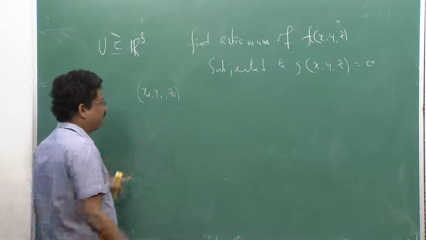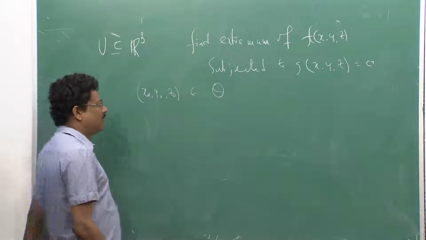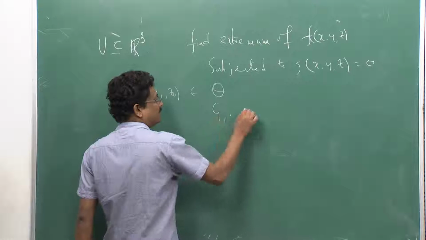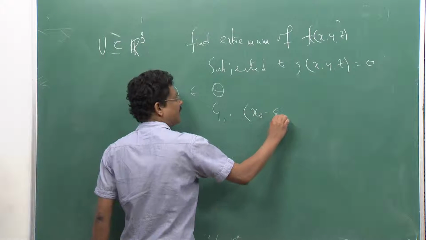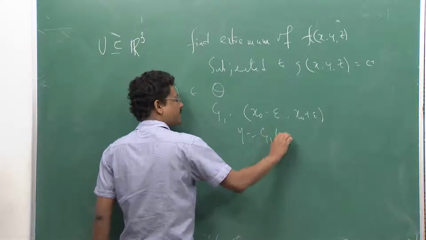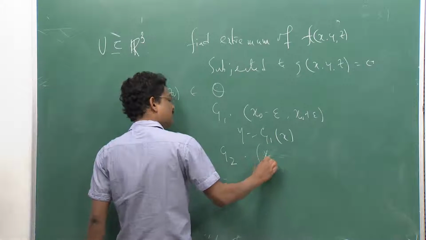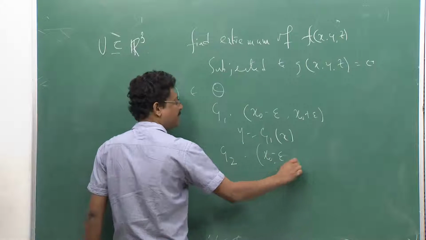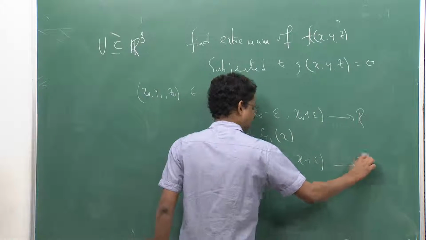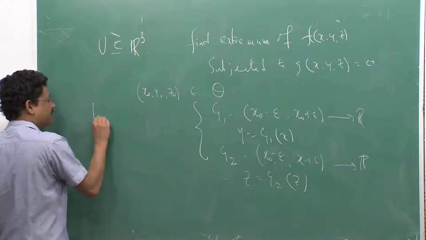Then around a neighborhood theta, what will we have? I will have a function g such that y equal to g1(x), and I will have a function g2, in some other neighborhood, but I can take the minimum of that. So, this is the implicit function theorem.